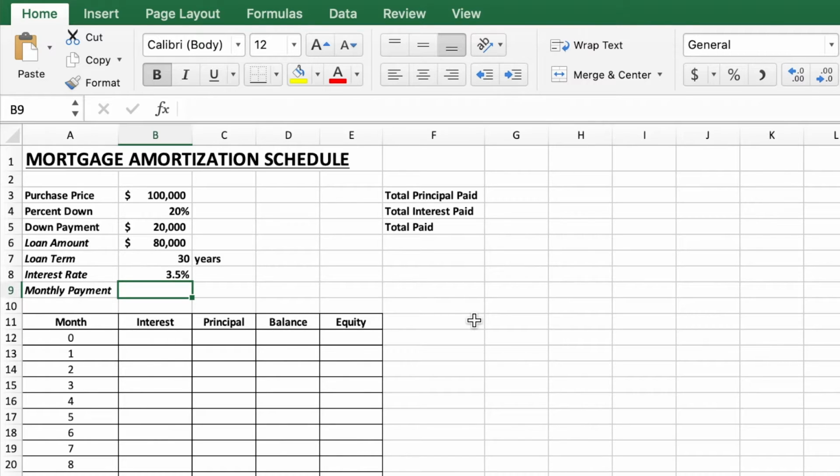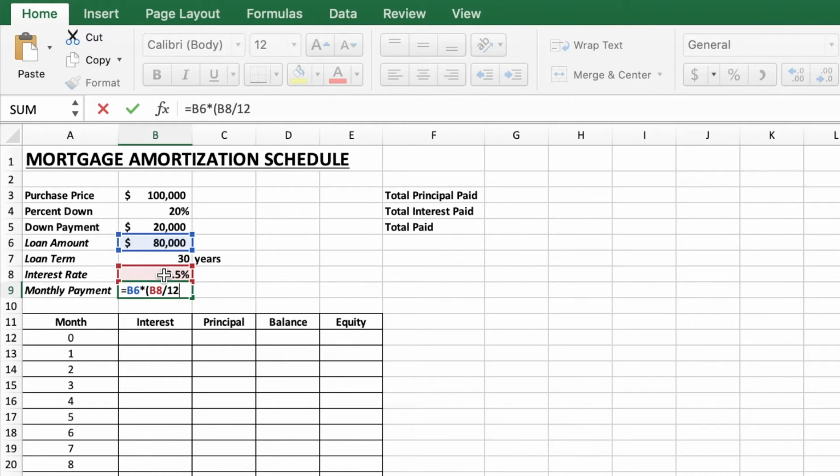So I'm going to say that my monthly payment is equal to, I'm going to click on my loan amount, and then I'm going to do the multiplication sign. I'm going to add a parentheses, and I'm going to say my interest rate divided by 12.